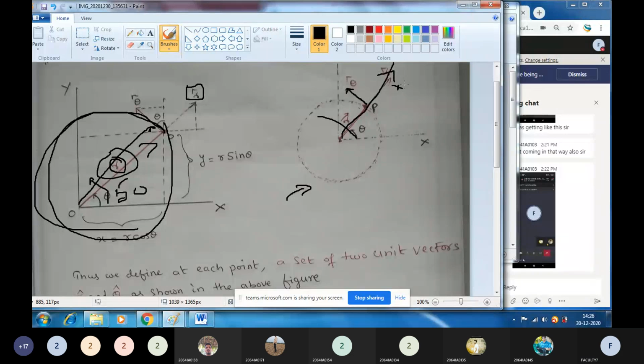As theta goes in this direction, the theta cap will be in this direction. So here we need to identify that we are defining two unit vectors, r cap and theta cap. These are the directions of the two coordinates, r and theta.